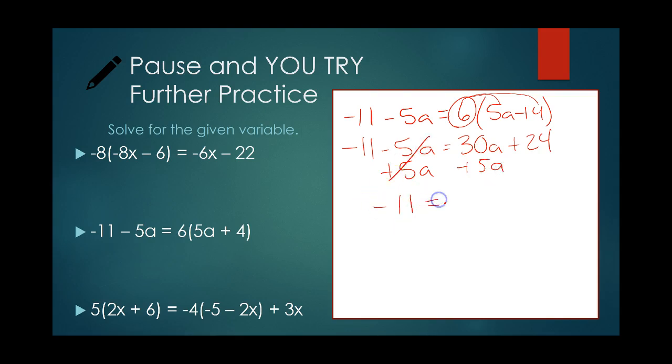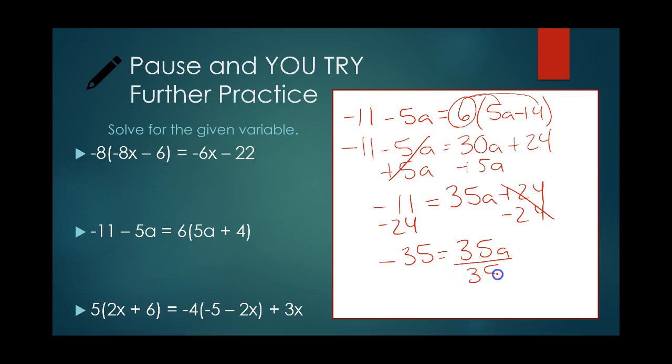You didn't have to, but we should end up with the same answer. So that's 35a plus 24. Subtract the 24. I get negative 35 equals 35a. And again, divide by the coefficient. So here again, we get negative 1 as our answer.